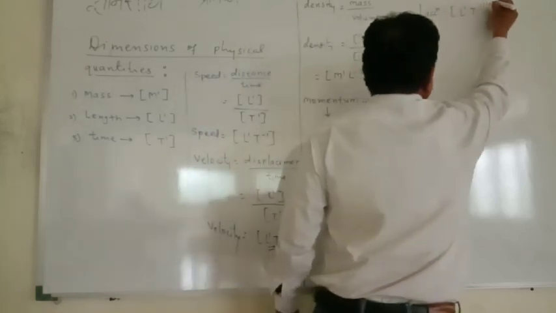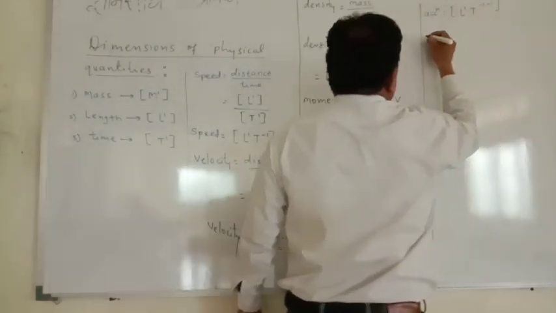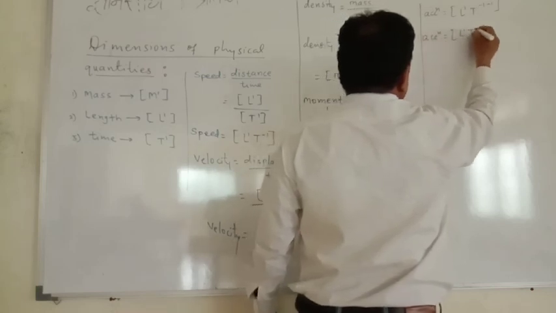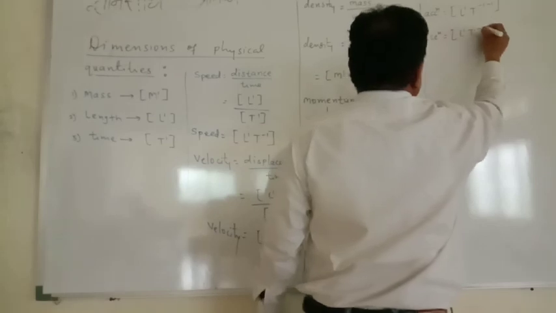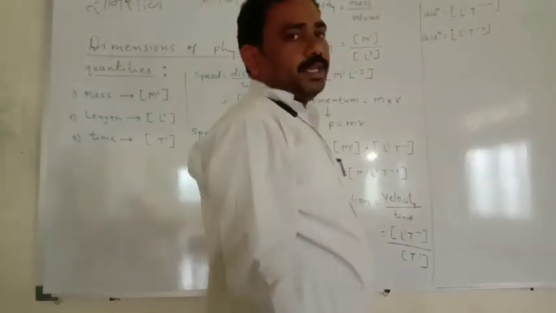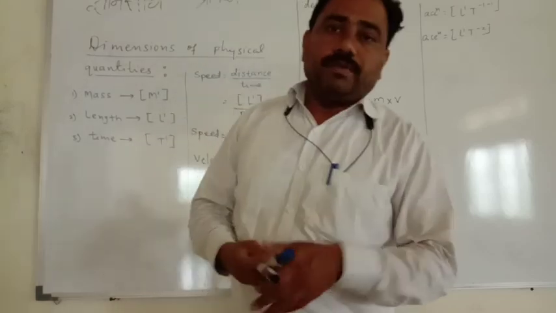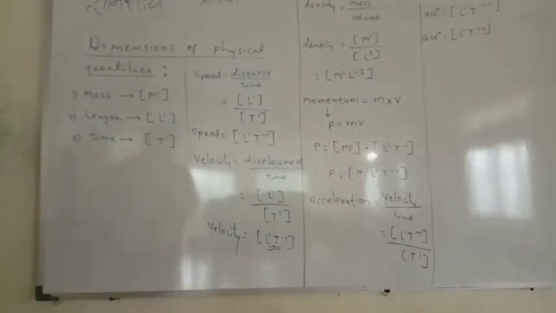So acceleration becomes L1 T to the power minus 2. In this way you can easily calculate the dimensions of various physical quantities.